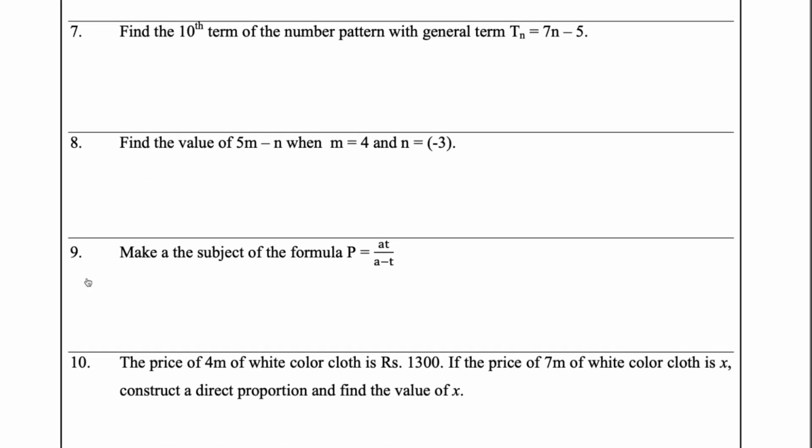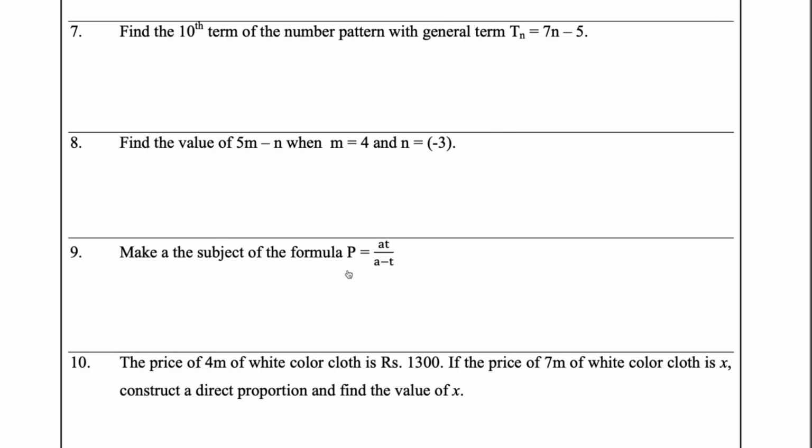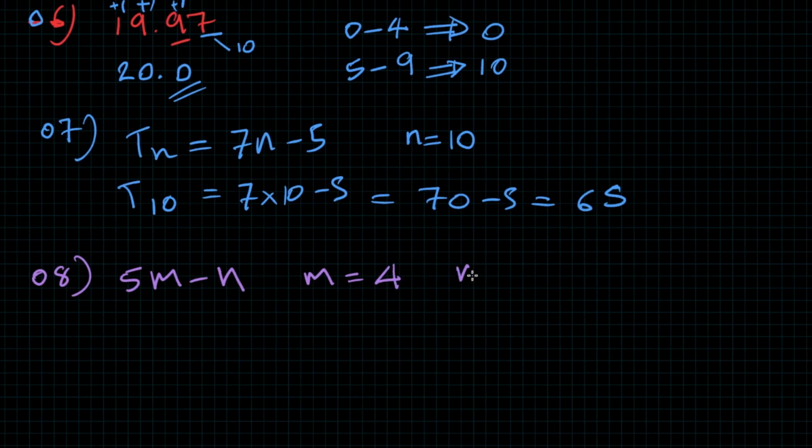Okay, let's go to number 8. Number 8 is find the value of 5m minus n when m equals 4 and n equals minus 3. So this one is also very straightforward. 5 into 4 minus (minus 3).